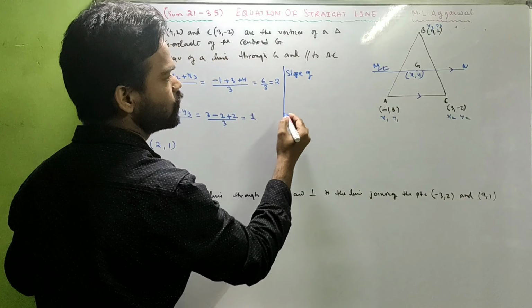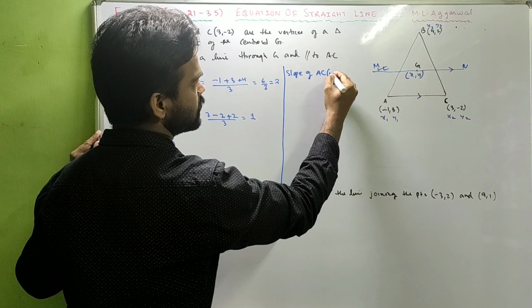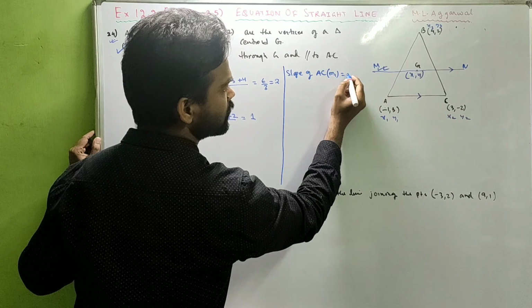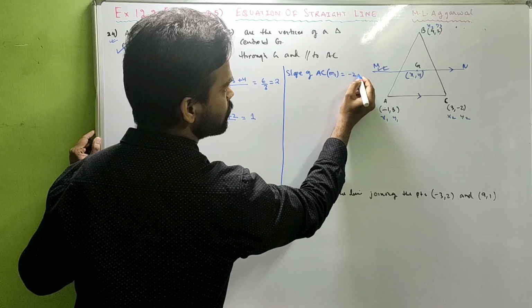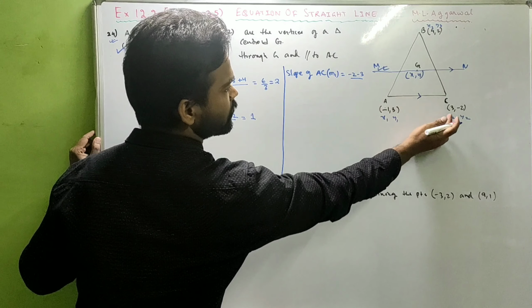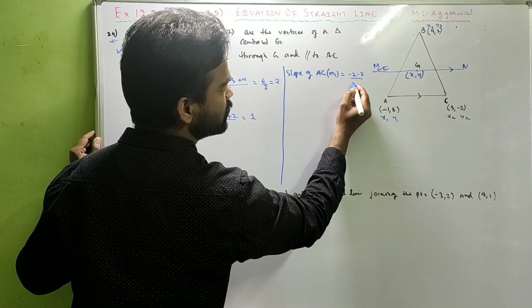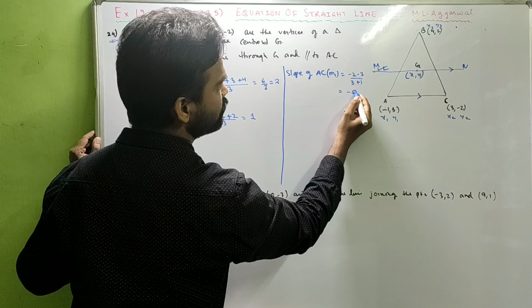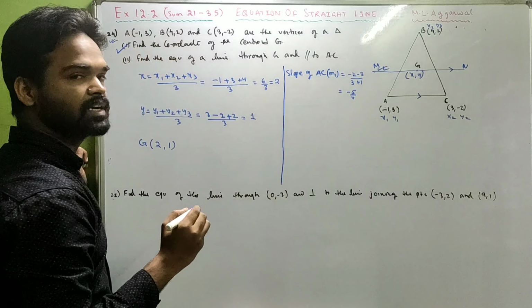Slope of AC, that's M1, is y2 minus y1, that's minus 2 minus 3, by x2 minus x1, that's 3 minus of minus 1 is plus 1, that's minus 5 by 4, isn't it?